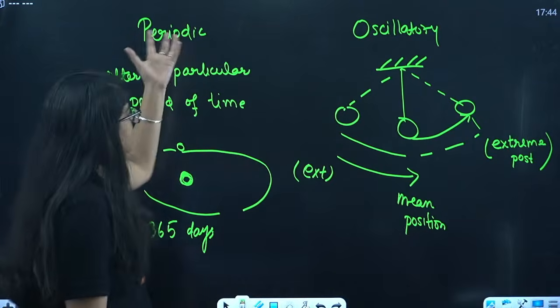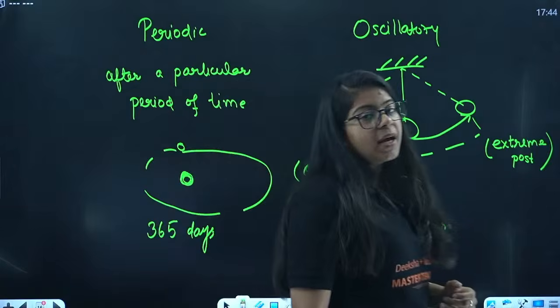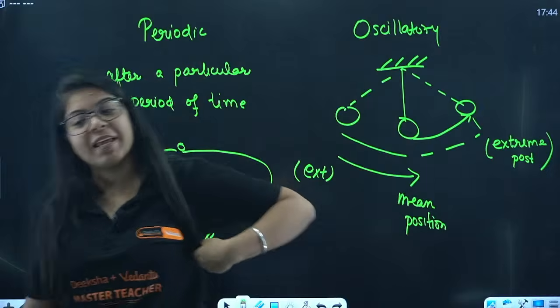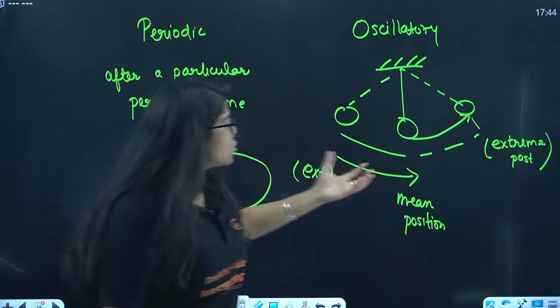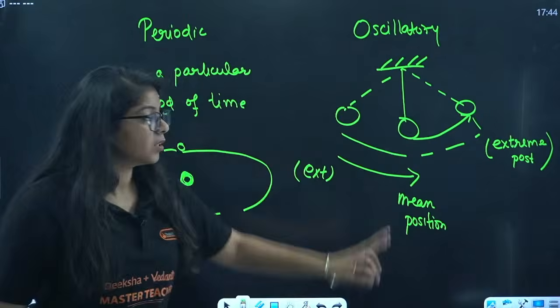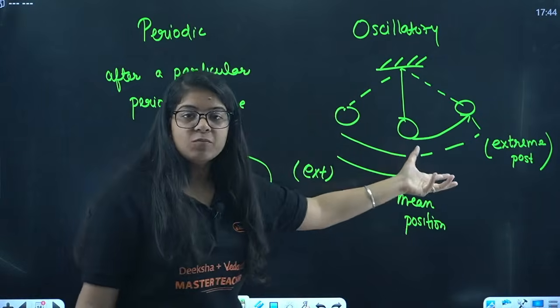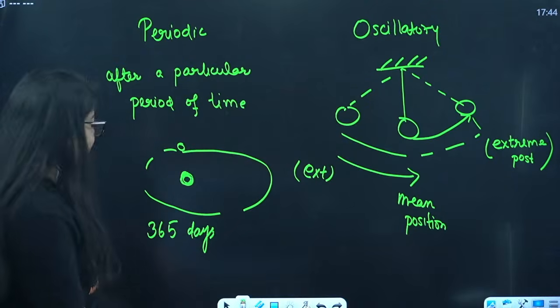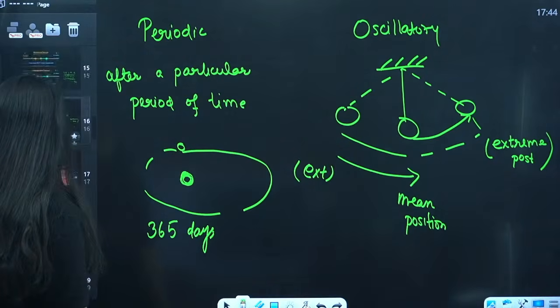That means it has a periodic motion. Done? Okay. Oscillatory motion will move back and forth. Periodic motion may move back and forth. This is also periodic motion, but this is not an oscillatory motion. Done? Understood? Okay, let's move to the topic, beta.